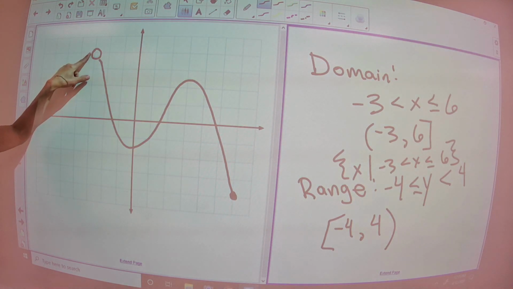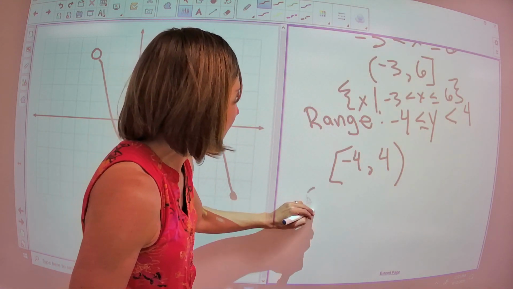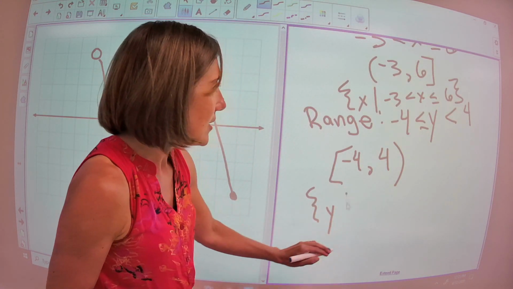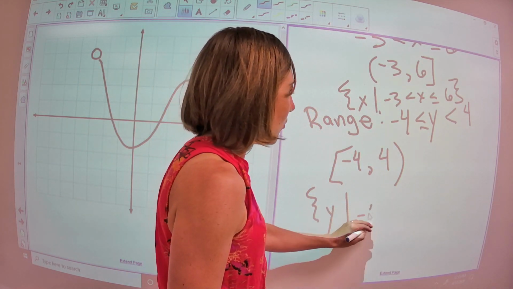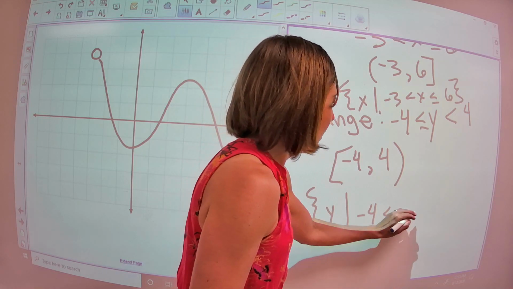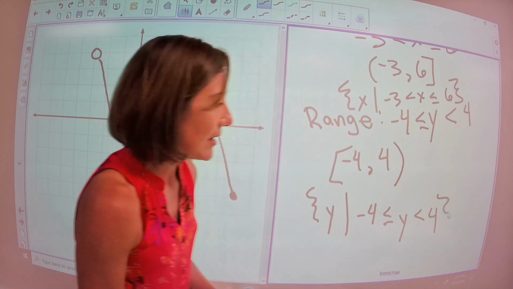So that one has an open parentheses on it. And then set notation, to finish that out, is the set of all y's such that, and then I'm going to copy the inequality down. -4 is less than or equal to y is less than 4. And then close the fancy brackets.